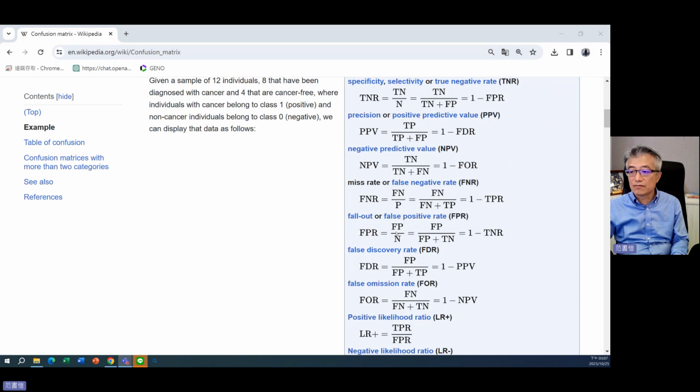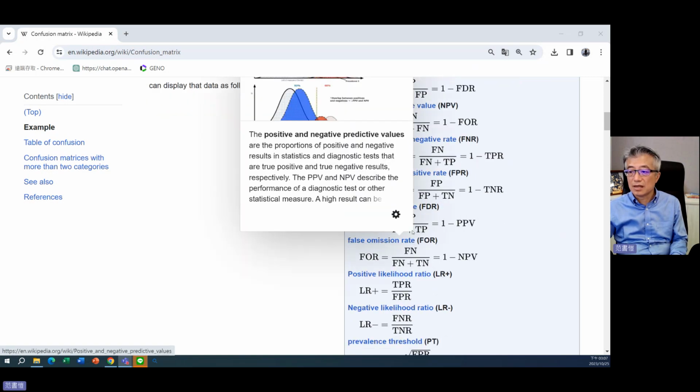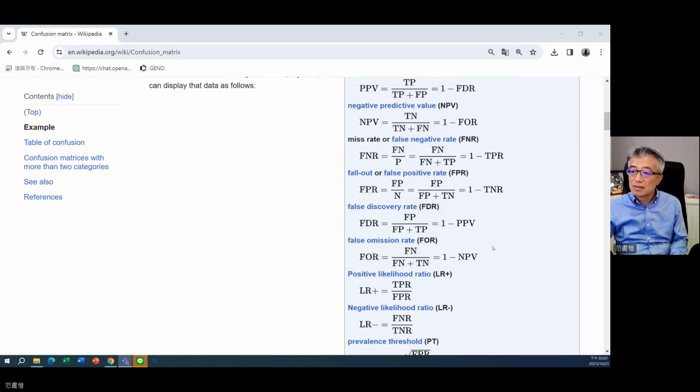Totally out of the number of the negatives, however sometimes we missed it. How many negative instances we missed? So in the numerator put the false positive, and then the false discovery rate. So actually they are almost the same.